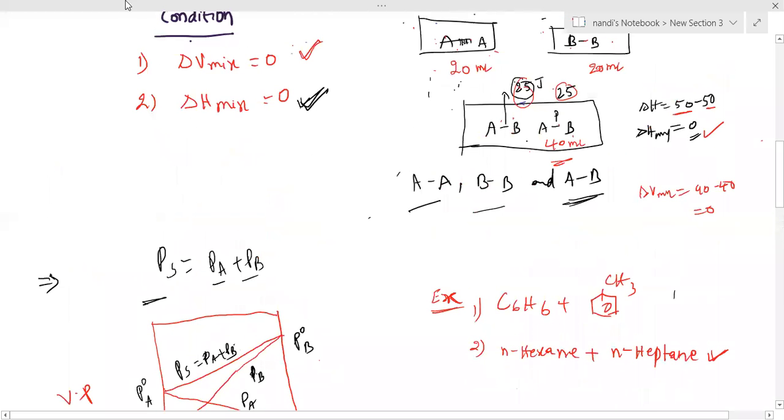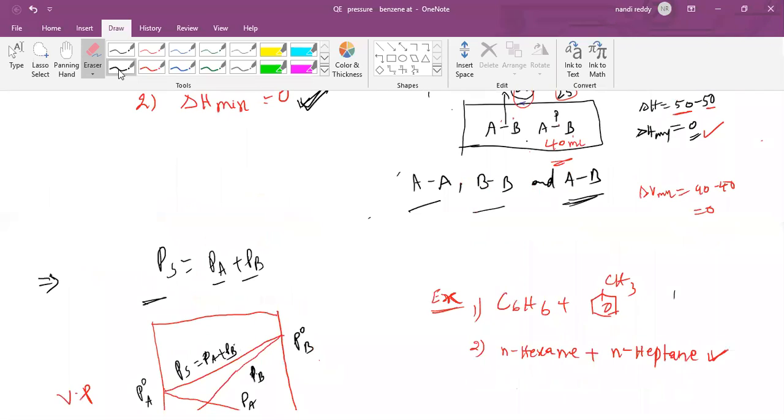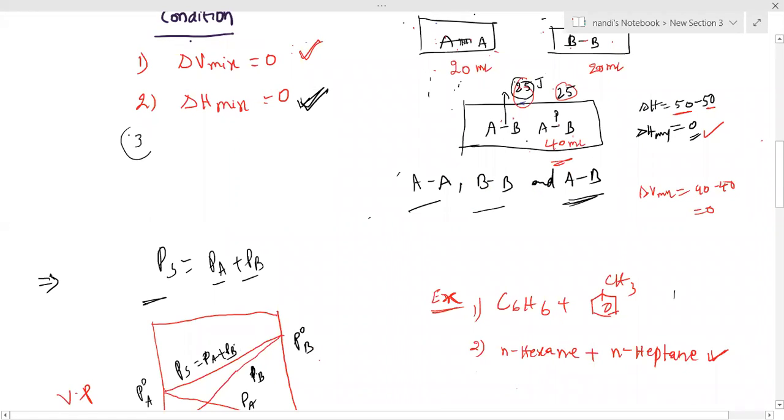One more point: delta S mixture you can also write here. Delta S mixture is always positive, whether ideal or non-ideal, it doesn't matter. Because when you are mixing A and B, randomness increases.